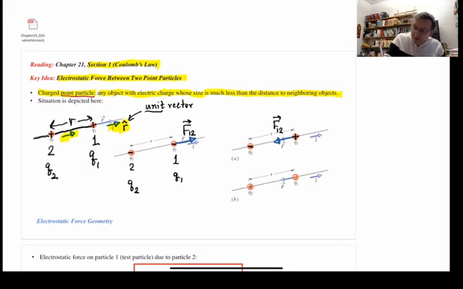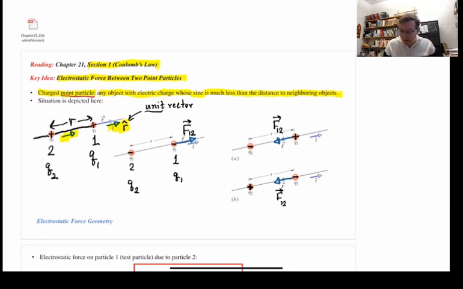And then the last picture shows particle 1 is negative and particle 2 is positive. Now sketch the force on 1 due to 2. Again, it's attractive. So we draw the arrow anchored on 1 and pointing towards 2.